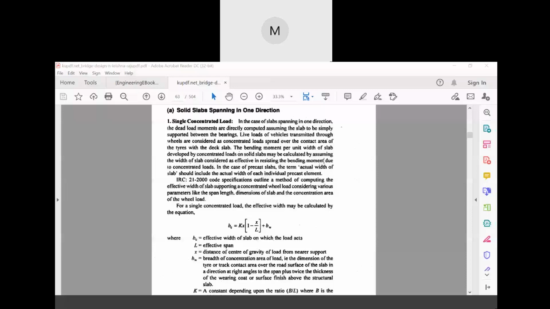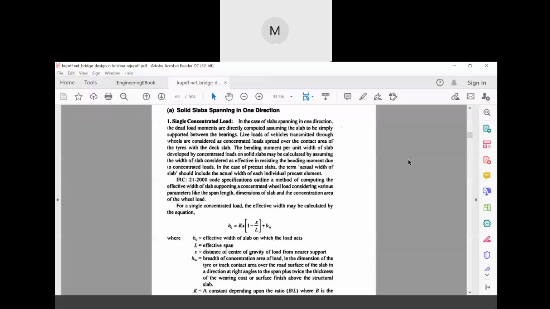So this is what is called solid slab only. For now, look, the live loads of vehicles are considered to be transferred through wheels, which are considered as concentrated loads that are spread over a compact area of tires with the brake slab.